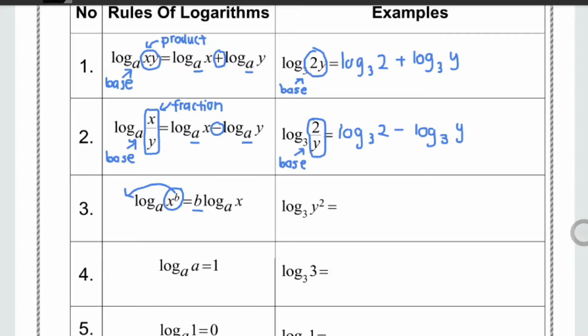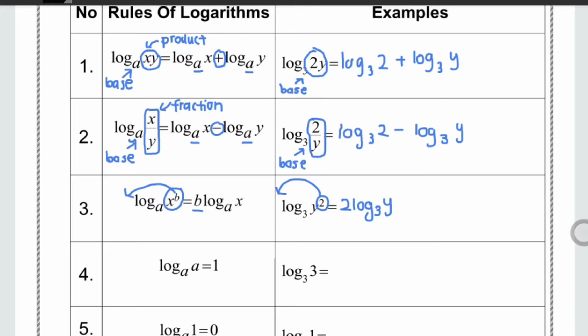For our example here, we have log y square base 3. We have 2 as the power of our argument, so we just bring 2 to the front. So we will have 2 log y base 3.